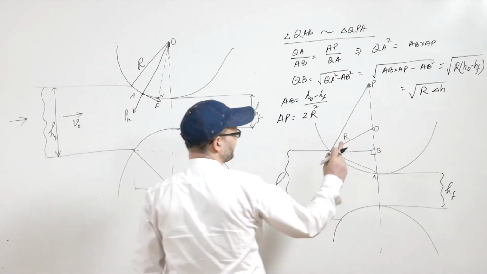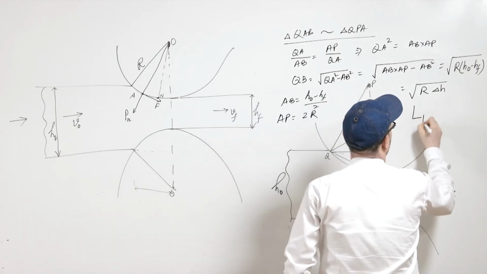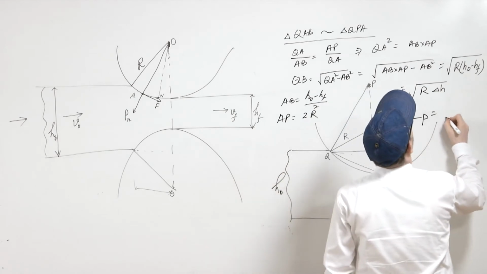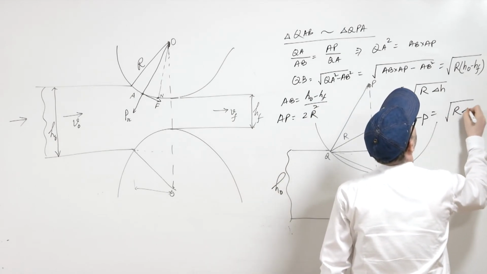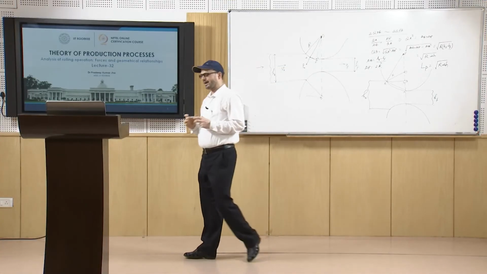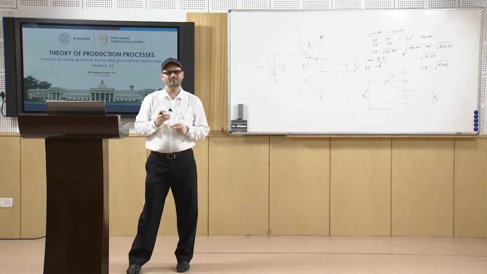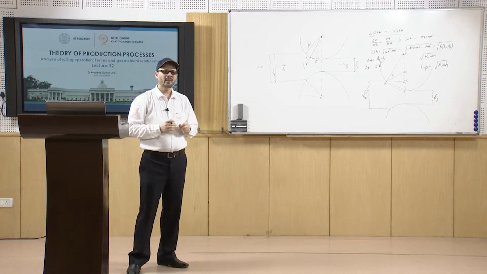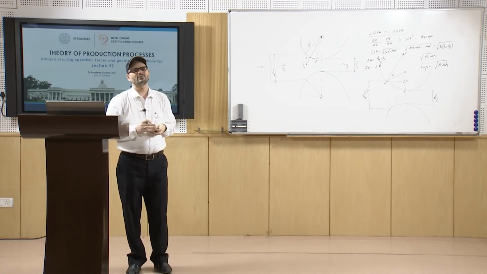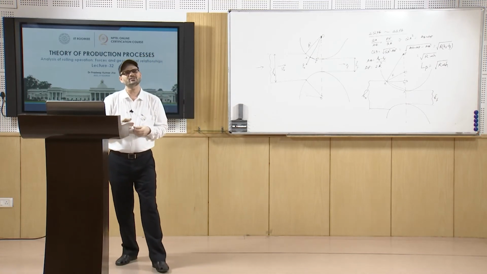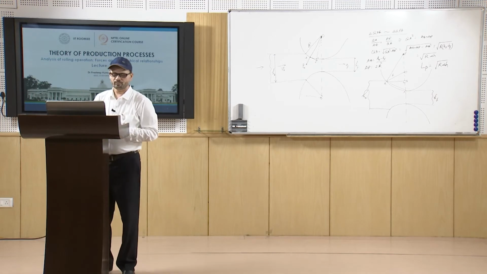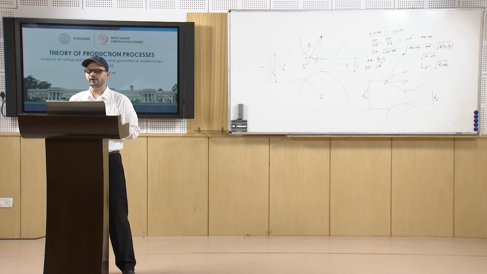So, you write this as the length of the projected area of the arc, that is, root R delta H. Now, if you want to find the roll load or the specific roll pressure, you multiply the pressure by B times LP and you get the roll load. So, that is how the roll load is calculated.